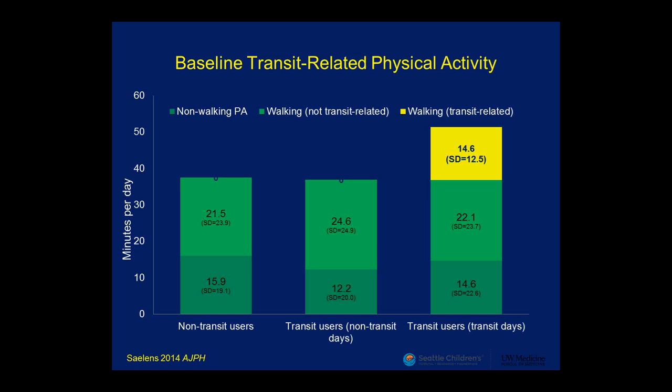Same amount of physical activity overall, same amount of walking behavior, same amount of non-walking physical activity. But when we looked at transit users on transit days, they still had the same amount of non-walking physical activity, same amount of walking, non-transit related. And again, that 14.5 to 15 minutes of walking behavior that was directly related to transit. Again, a little bit more confident that transit's driving this higher level of physical activity.